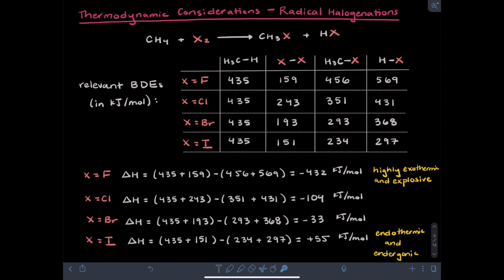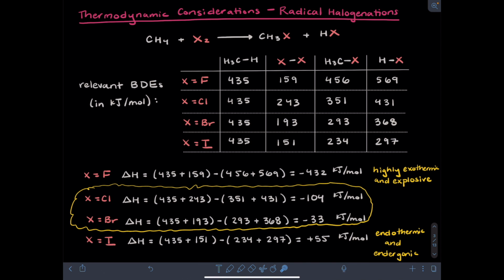The fact that delta H is positive means that this reaction is endothermic, and because delta G is approximately delta H, that means that delta G, the Gibbs free energy, is endergonic. Endergonic reactions are not spontaneous. So although we can draw out this reaction involving I2 on the page, it won't work in the lab.